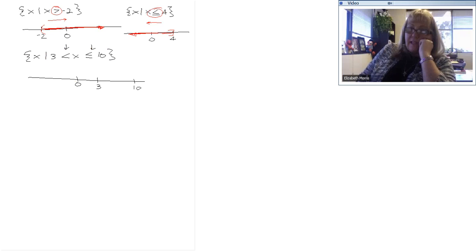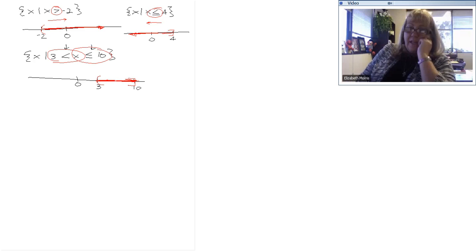Now, let's put this together. First of all, x is greater than 3, but not equal to, so it gets a parenthesis. It's going this way. When we get to 10, x is less than or equal to 10, so it gets a bracket. It's going this way. So it's everything in between, parenthesis and bracket.